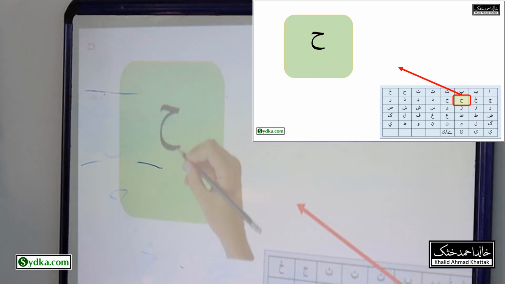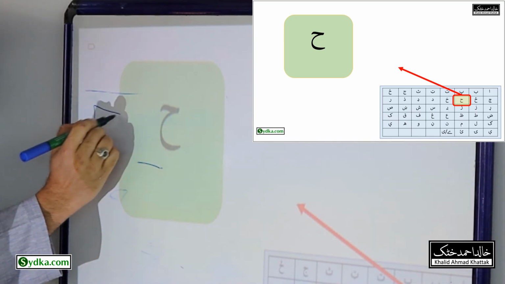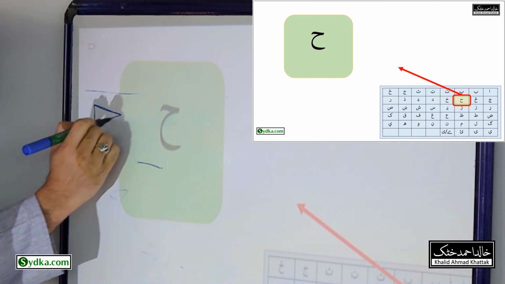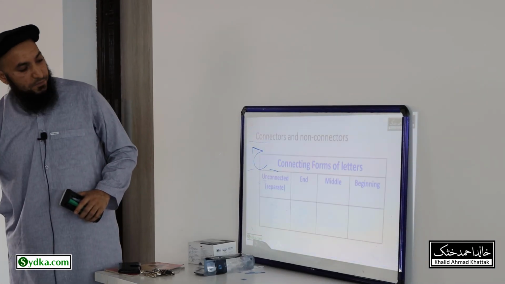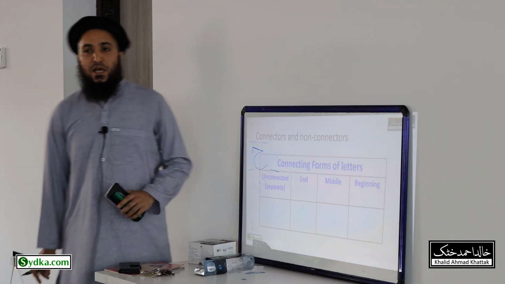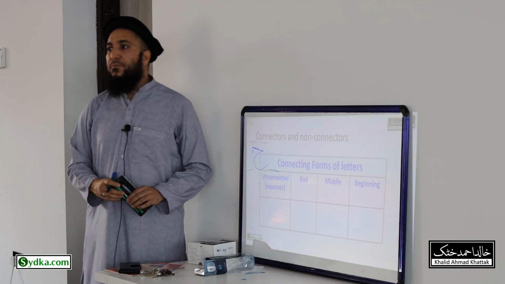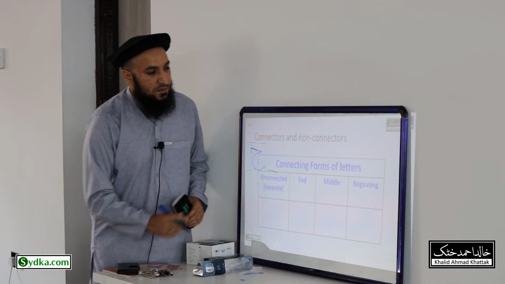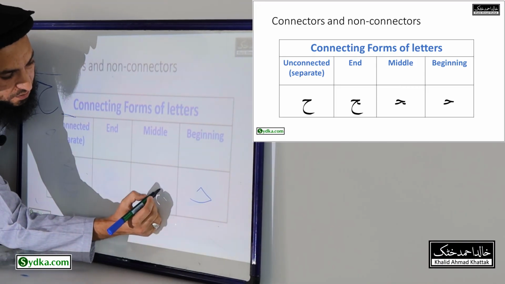Exactly same as Jim, but no dots, no Hamza. Right from here, go to the right, circle, and that's it. Is it a connector or non-connector? Connector. Why? They connect from both sides. Both sides, yes. Same as Jim, no dots.